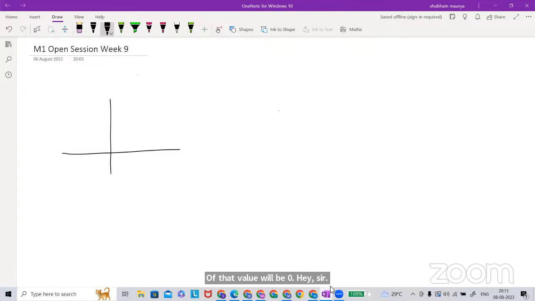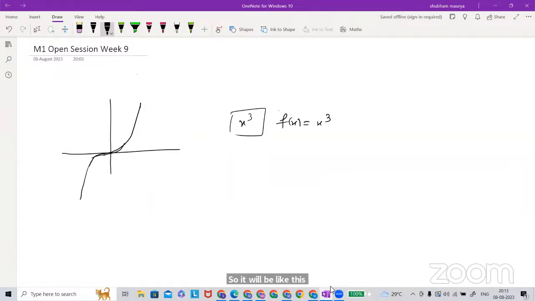take the function f(x) equals x cube. If you see here, for x cube there will be an S shape kind of thing. It will look like this at the origin, at 0.